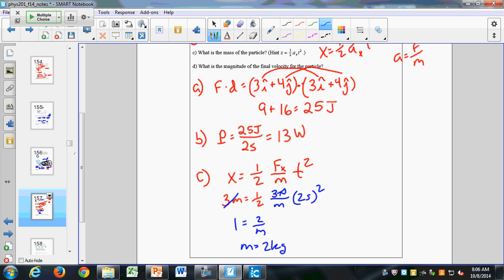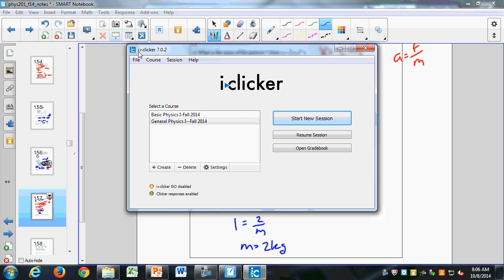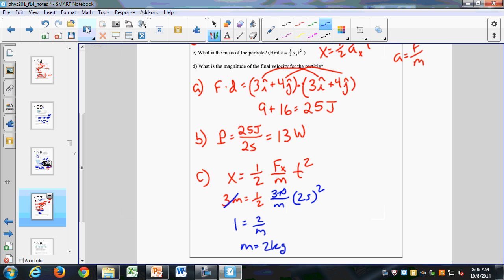Why don't we stop there? Don't worry, we're going to work through a lot more problems similar to this in the class, and we'll deal with this a little bit later. I'm going to hand back your exam and give you some time to look over it. I'm going to want to keep your exam, but you can look over it now.